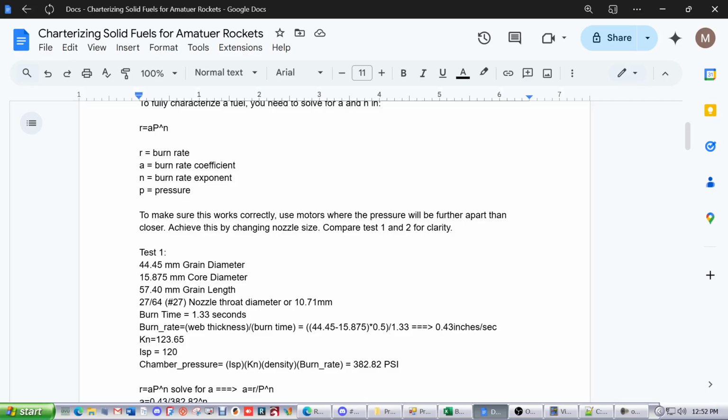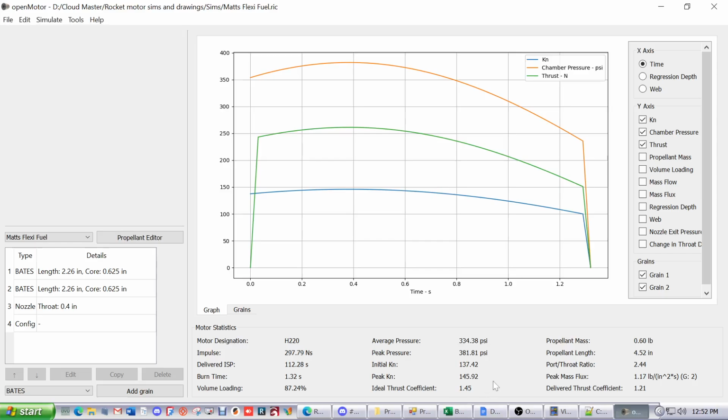Sorry. So 382, 1.33, 123, and 137. Not bad. So that is how you can validate your numbers if you're trying to characterize fuel, which is awesome because now we're pretty spot on. So now I can change things. Now I know that my propellant is pretty decent.